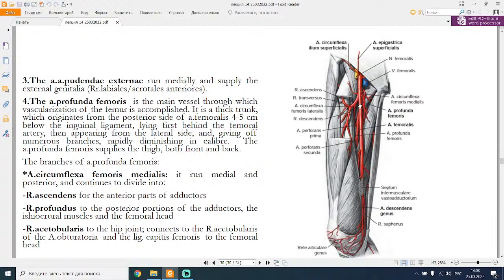It's a thick trunk which originates from the posterior side of the arteria femoralis, 4-5 centimeters below the inguinal ligament, lying first behind the femoral artery, then appearing from the lateral side, and gives off numerous branches, rapidly diminishing in caliber.